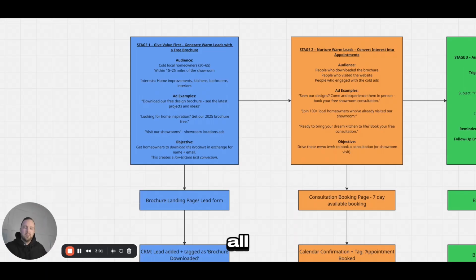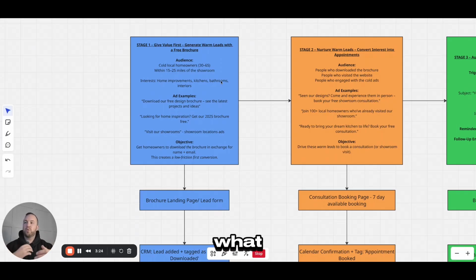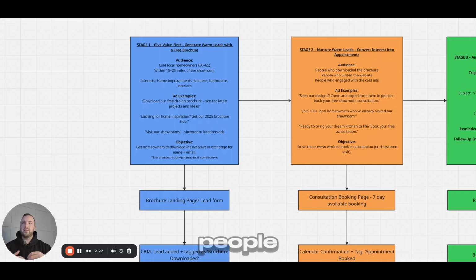So these are all problems that this lead has subconsciously been thinking about for a long time, and they are very much problem aware, and they're actively in the market to get a new kitchen. They've got the budget, they've got the problems, they just need a business to engage with them and take them through that process and solve that problem. Okay? But what we're talking about here is people who are not problem aware, potentially.